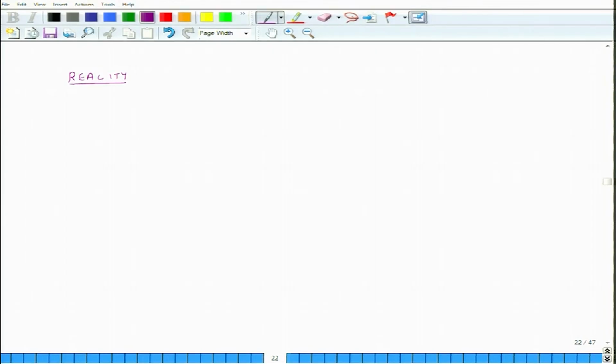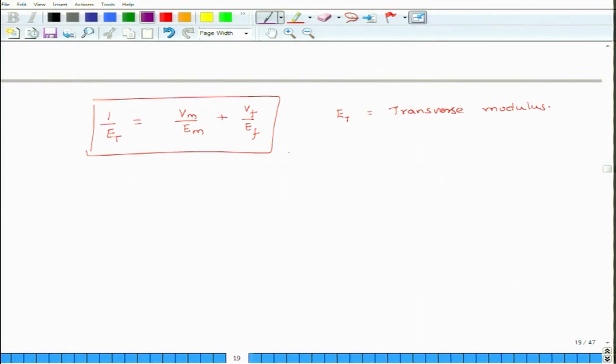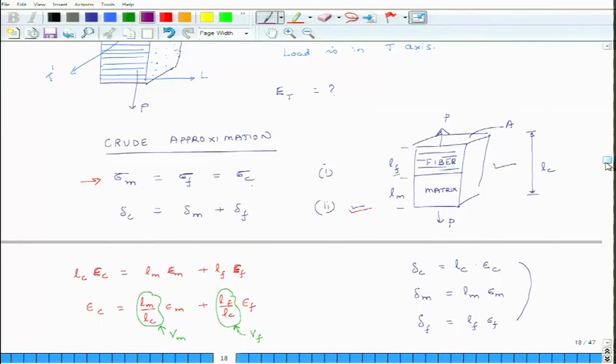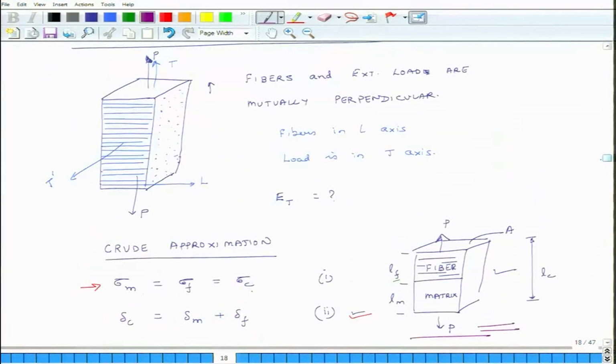Reality. When we were developing this expression for ET, we had assumed this kind of a configuration. We made this picture and said that there are layers of fiber and matrix, layer of fiber and layer of matrix, right.